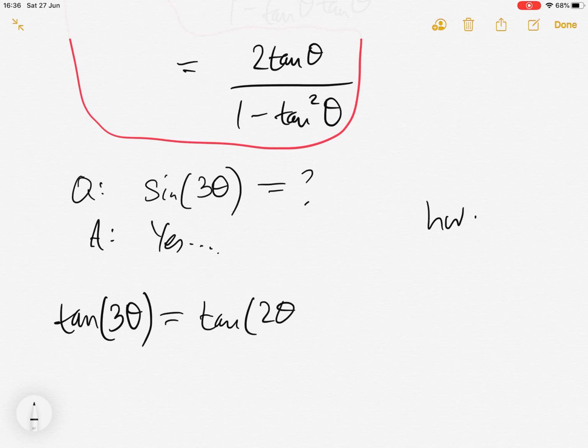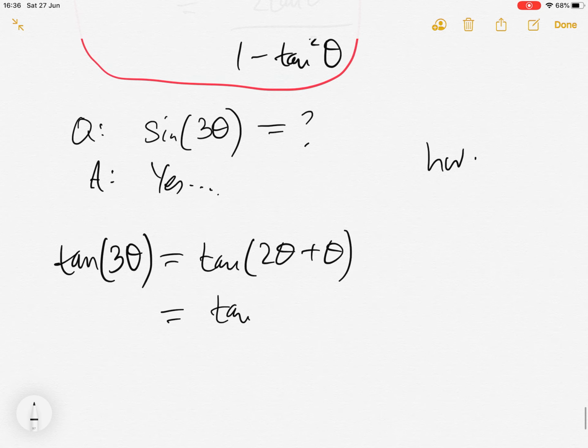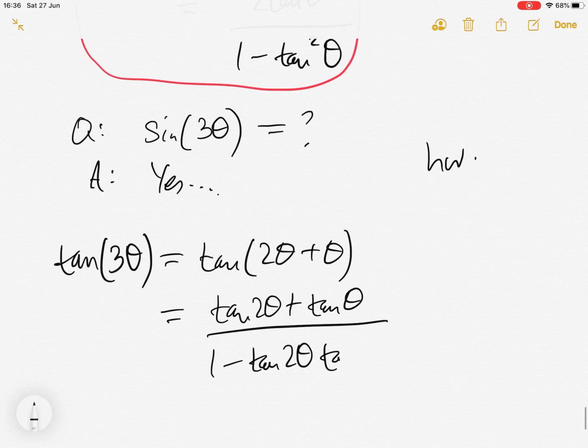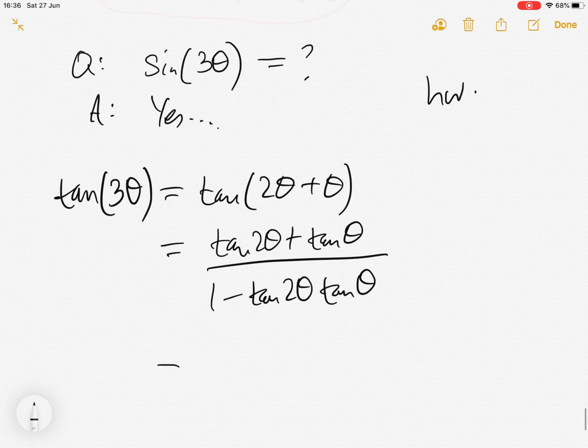Tan 3 theta is tan 2 theta plus theta, which is tan 2 theta plus tan theta over 1 minus tan 2 theta tan theta. And then tan 2 theta we just worked out is 2 tan theta over 1 minus tan squared theta.